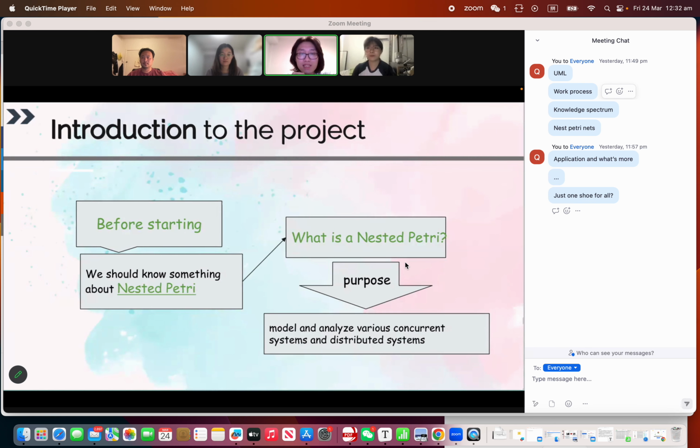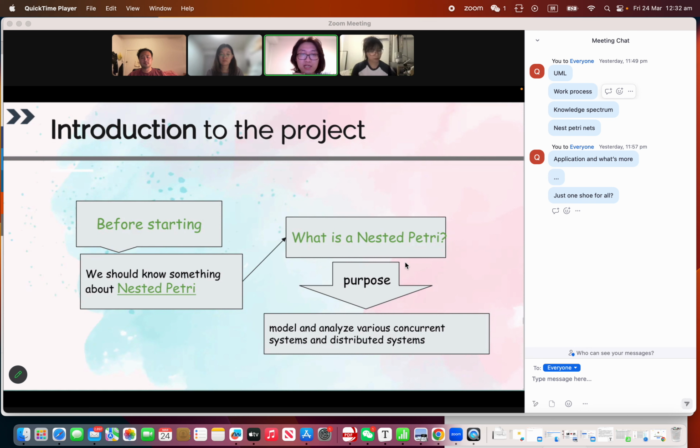Firstly, what's a nested Petri net? A Petri net is a graphical tool used for modeling and analyzing systems. It consists of places, transitions, and arcs, and can represent behavior such as concurrent processes and resource sharing.